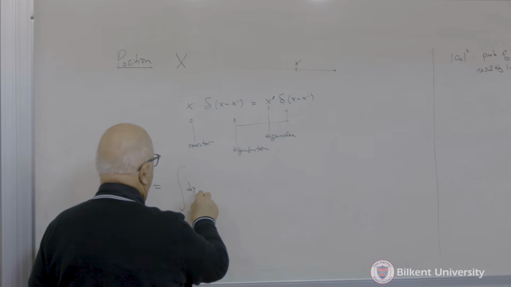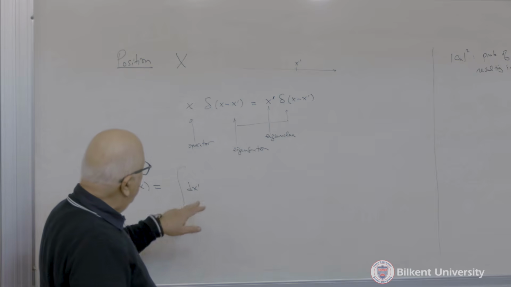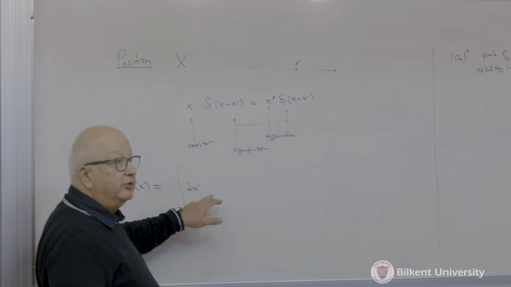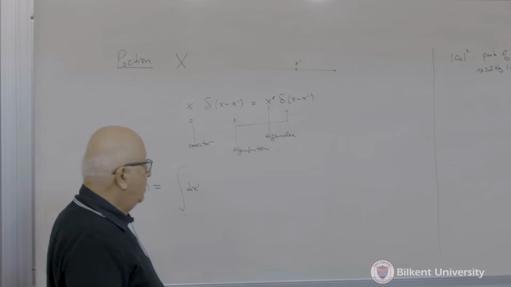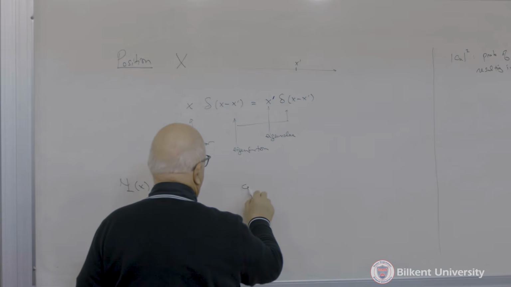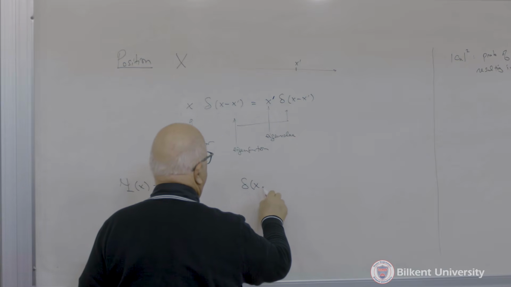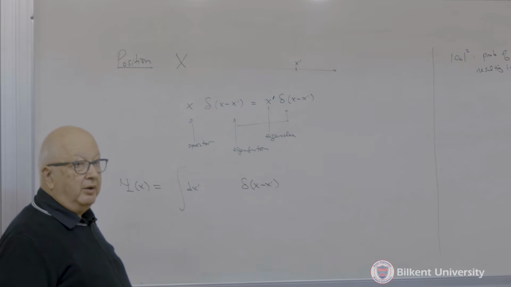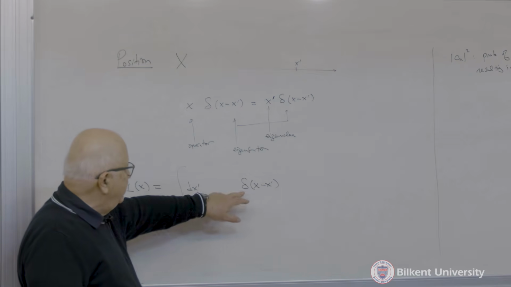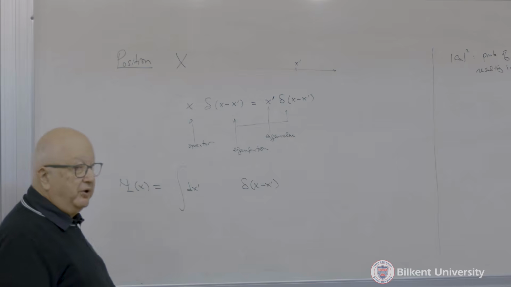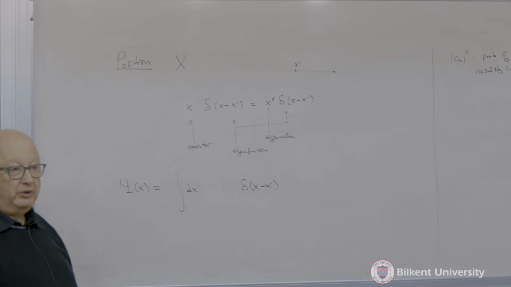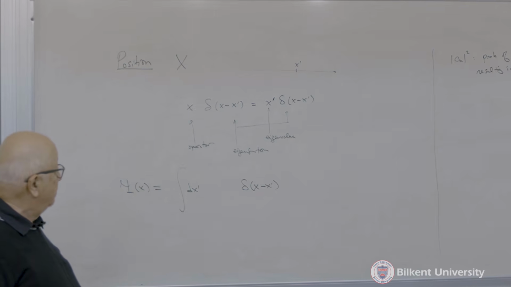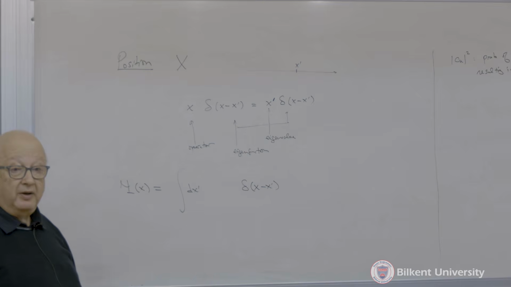So I want to integrate this over all eigenfunctions at various values of x prime. And the eigenfunction is delta (x minus x prime). So these coefficients, when I integrate over, are supposed to give me psi of x. But what is that coefficient? What can I put there to get psi of x?